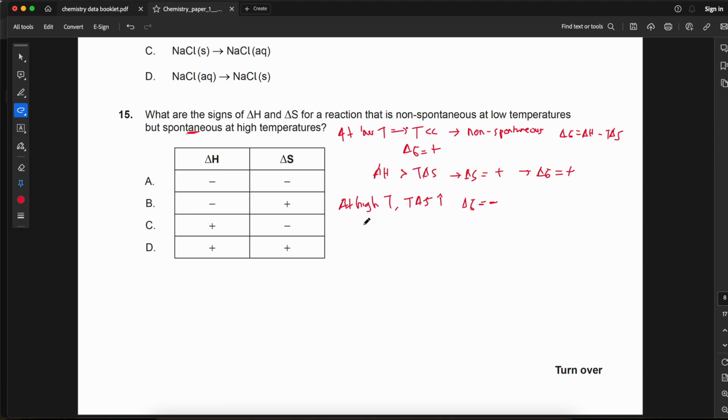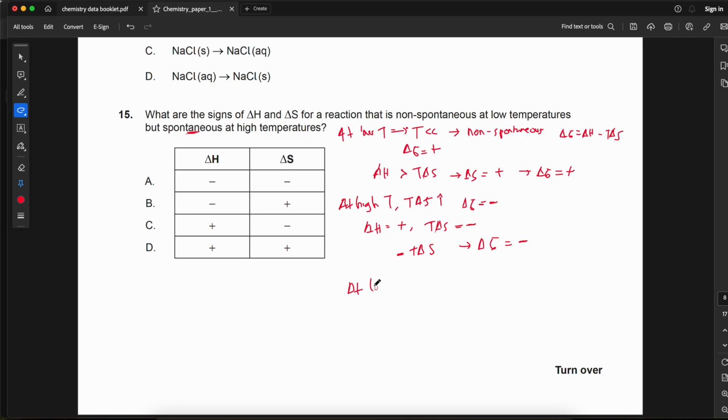Since delta H is positive, T delta S must be negative. If negative T delta S, delta G will be negative, therefore it will be spontaneous.